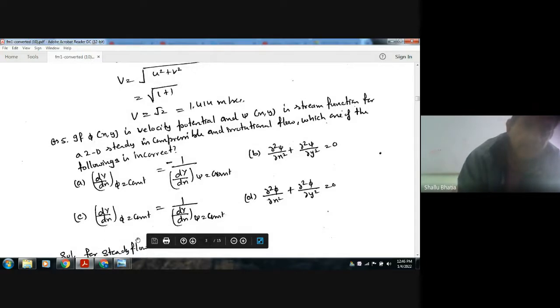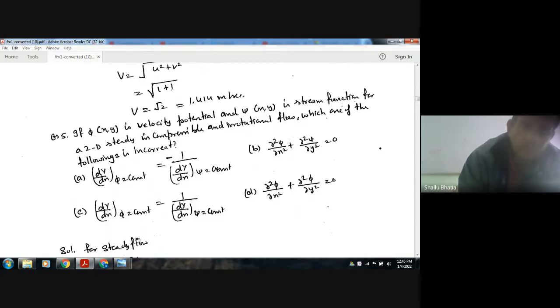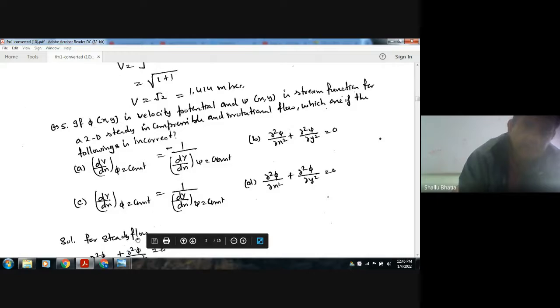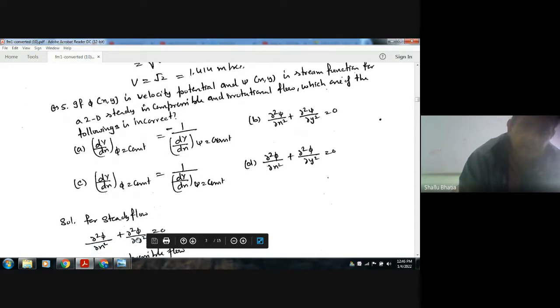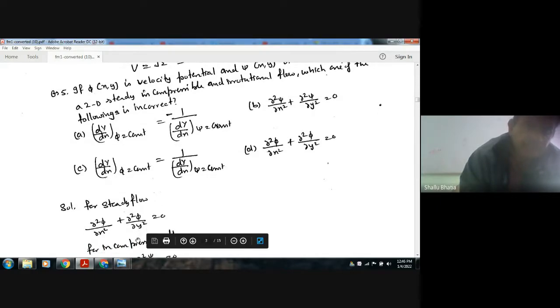If phi of x, y is the velocity potential and psi of x, y is the stream function for a 2D steady incompressible and irrotational flow, which one of the following is incorrect? A. dy by dx at phi constant is equal to minus dy by dx at psi constant.